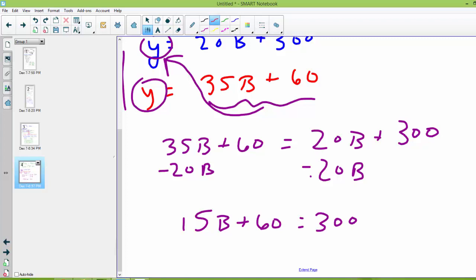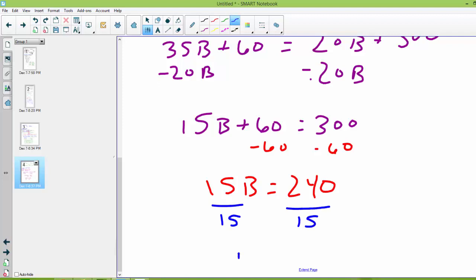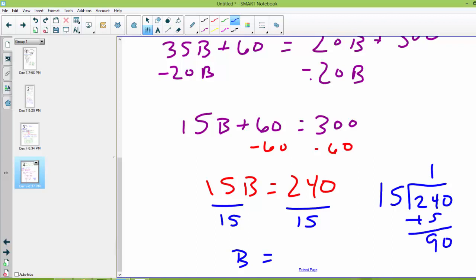And then you want to put all of the numbers together, so subtract the 60. 15b equals 240, and then you want to get the b alone, so divide by 15. So b equals 16.